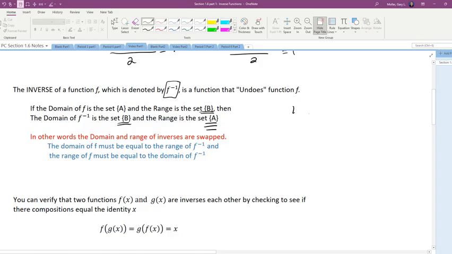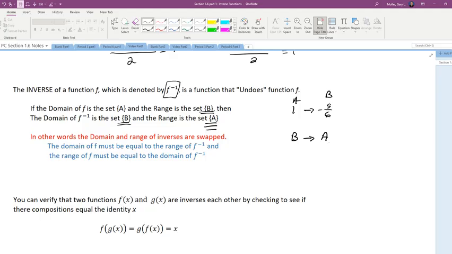We plugged in 1, we spit out a negative 5/6. So we went from a number in A to a number in set B. Then I took the number in B and plugged it into what I thought was the inverse, and it spit out A. And that's what an inverse does, and that's what this is describing. In other words, the domain and range of inverses are swapped.